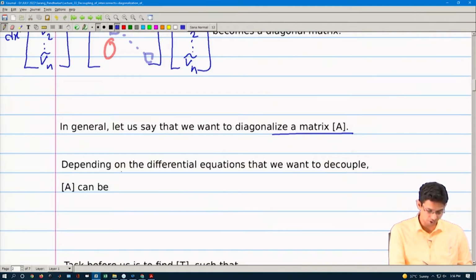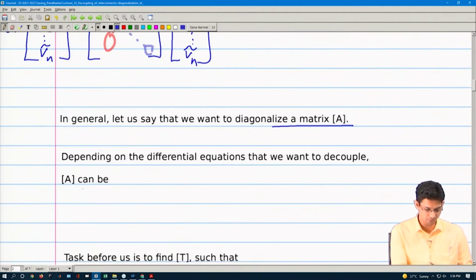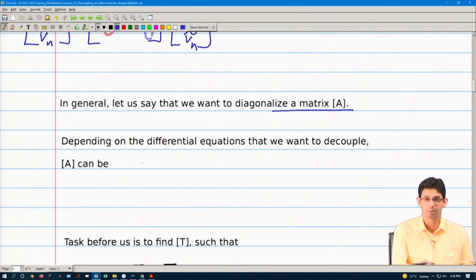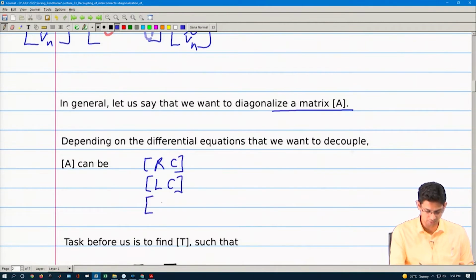So, depending on your differential equations, we want to decouple A, right. A can be either your RC matrix, or it can simply be your LC matrix, or it can be your gamma matrix, or it can also be your transfer function matrix, right.